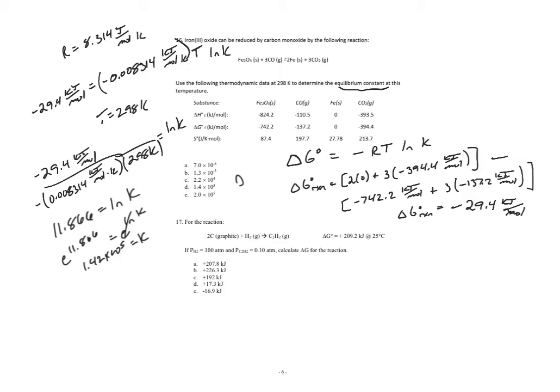All right, number 17, we have another reaction. This time we're given a standard Gibbs energy value and some partial pressures, and we're asked to find delta G. If we have a standard Gibbs energy value and we're asked to find delta G, then we're going to be using this equation: delta G is equal to delta G standard plus RT ln Q. Remember, our Q in this reaction means products over reactants, and we have these two partial pressures.